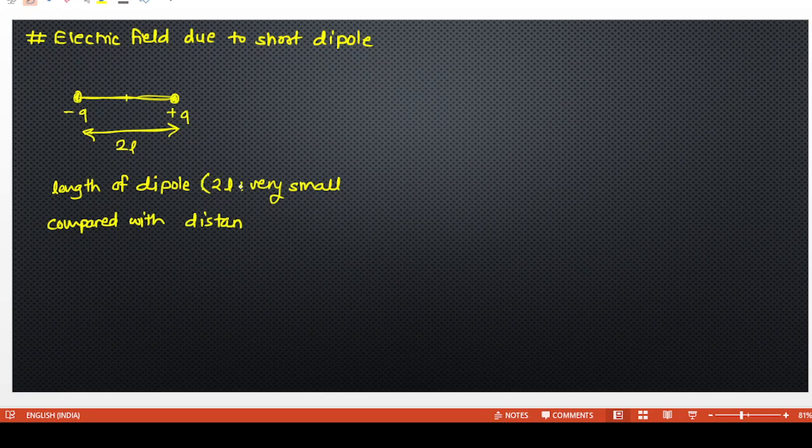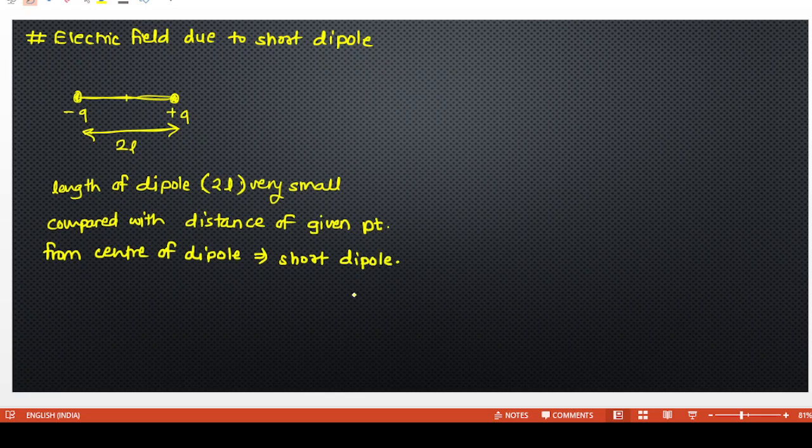If the length of dipole 2L is very small compared with the distance of the given point from the center of the dipole, then the dipole is termed as a short dipole.